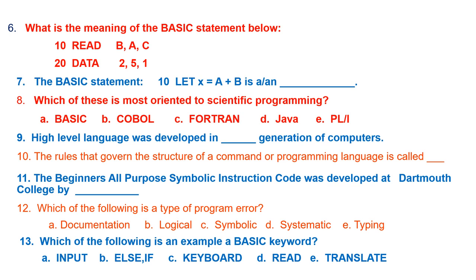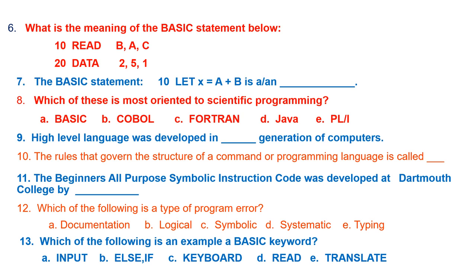Number 10, the rules that govern the structure of a command or programming language is called dash. In programming, there are several rules you must apply while writing your program code. Rules like the syntax rules, rules like the logical rules. Now, what is the rule here? The rule that governs the structure of a command.